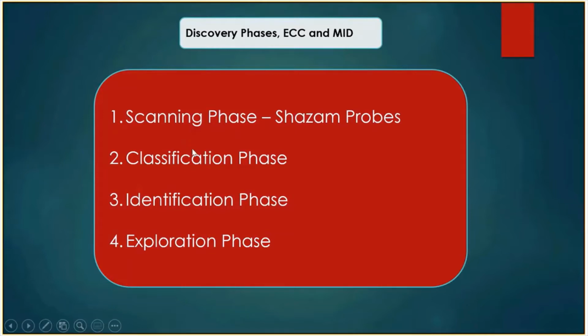Then it will move to the second phase, which is called the classification phase. Here it will pick up a credential which is set up on your target Windows server. So you have to set up the same credential in the ServiceNow instance, because ServiceNow will remotely log into your target IP using this credential which you have to set up in ServiceNow.